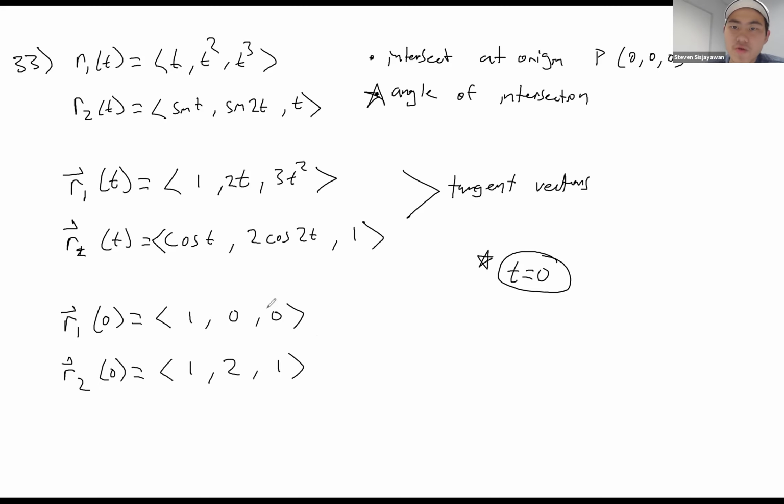So we basically have two vectors intersecting at a point. How do we find the angle between two curves?